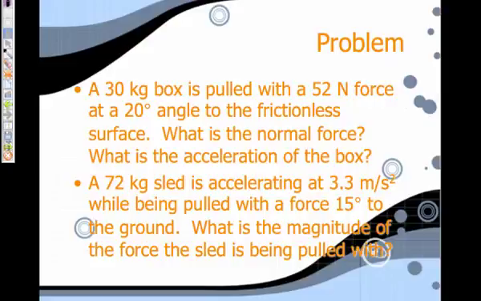Okay, the 72 kilogram sled is accelerating at 3.3 meters per second squared while being pulled with a force at 15 degrees. What's the magnitude of the force? So this one where they're giving the acceleration, we're going to have to find that vector.